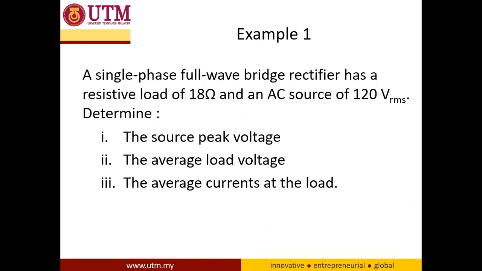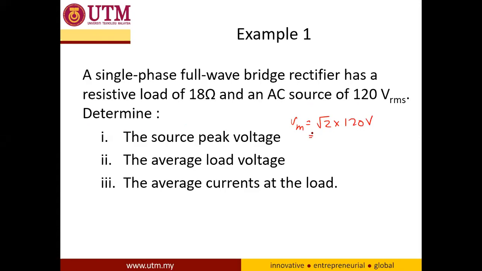Okay, and example 1. So the source peak voltage, very simple. This gives you 120 volts, so meaning that you need Vm equal to square root 2 multiplied by 120 volts.